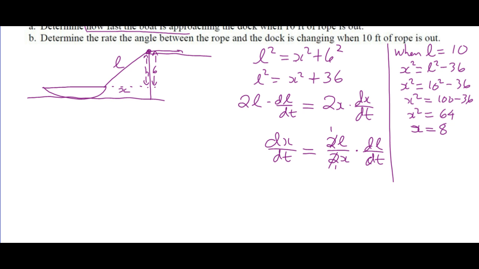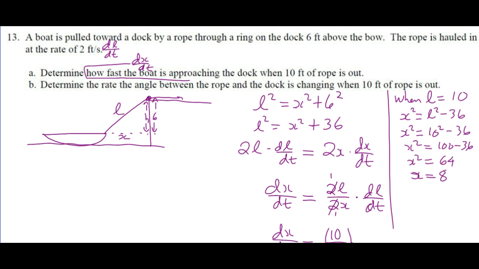Okay, so we got everything we can fill in here, right? So dx by dt is equal to L, which is 10, divided by x, which is 8, times dl by dt. Okay, 2 feet per second, but what's happening to the rope? Is it getting longer by 2 feet per second or shorter? Negative. Right, so that rate of 2, the rope is hauled in, means that dl by dt is equal to negative 2 feet per second, right?